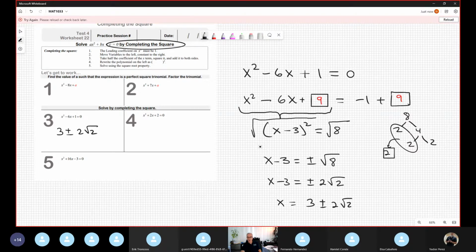Okay, so now I recap the idea again. I find the magic number. I call this the magic number. And this magic number allows us to complete the square.